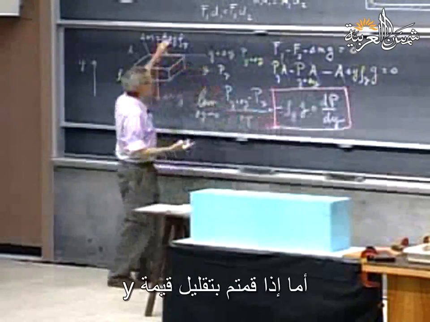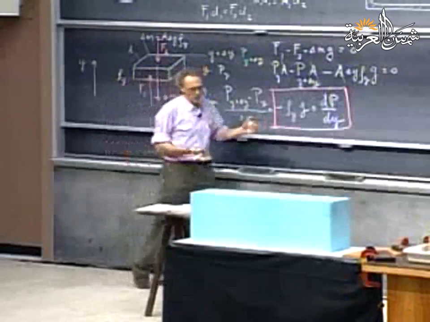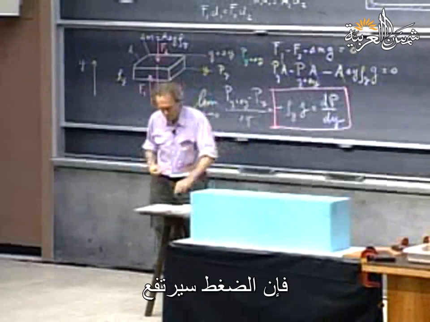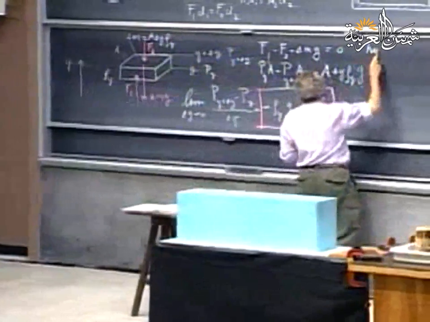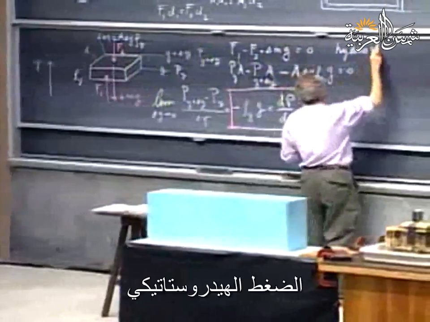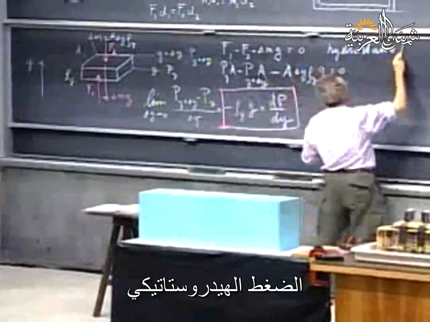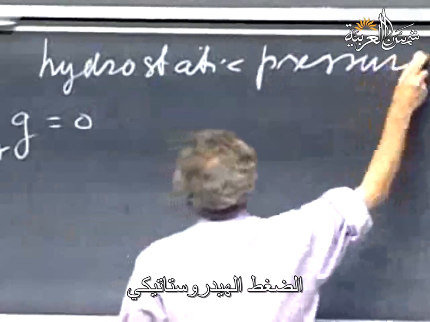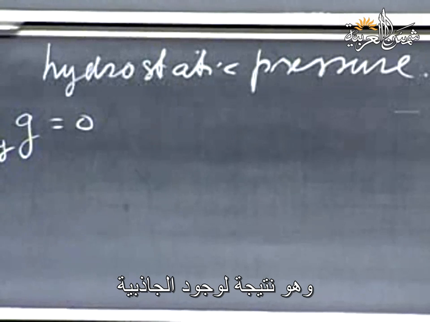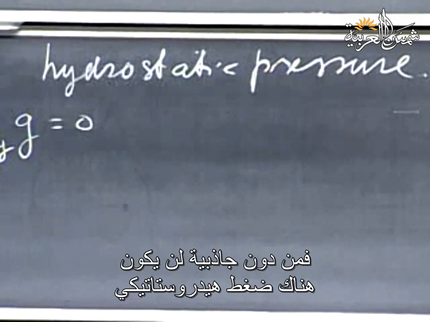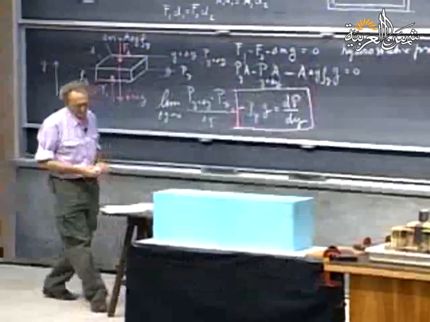Very natural. If you go with decreasing values of y, then the pressure will go up. And we call this hydrostatic pressure. So it's due to the fact that there is gravity. Without gravity, there is no hydrostatic pressure.